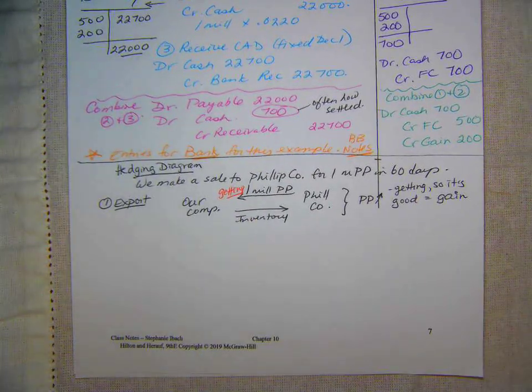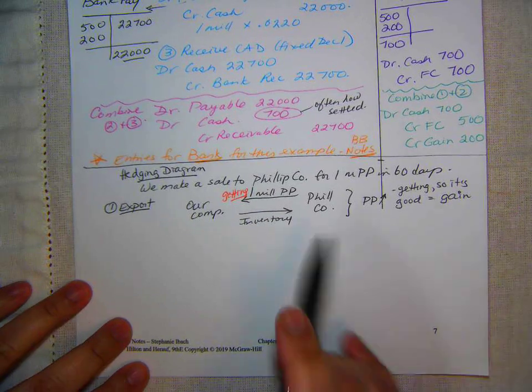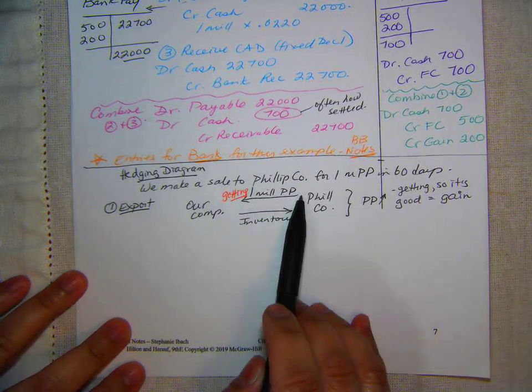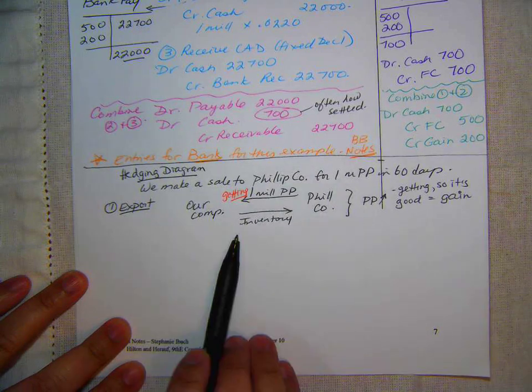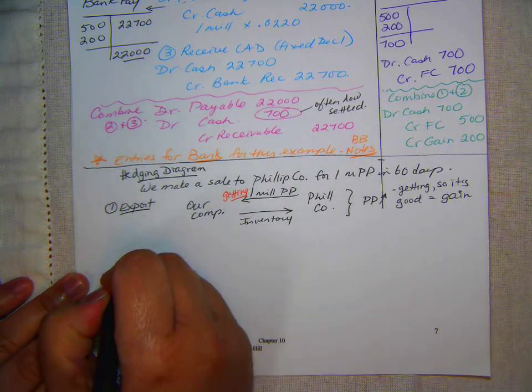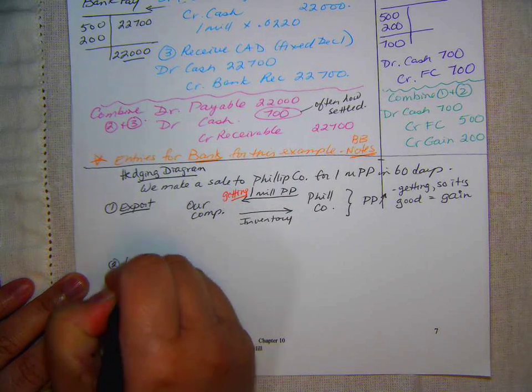So we're going to do the opposite. We're getting pesos from this operating transaction. So we're going to make a forward contract to give 1 million pesos in 60 days.